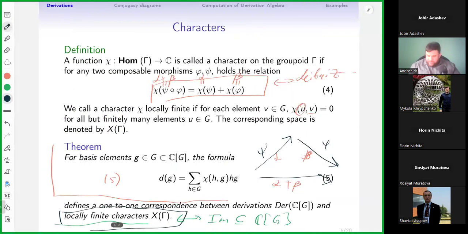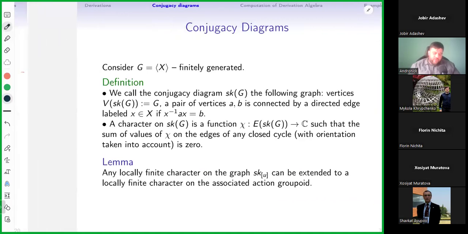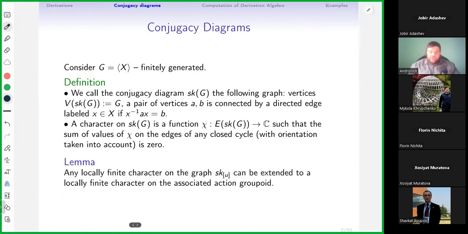How to work with characters? It is a very useful instrument, so-called conjugacy diagrams. I will define them for my groupoid, but you can also take a very similar definition for other types of action.